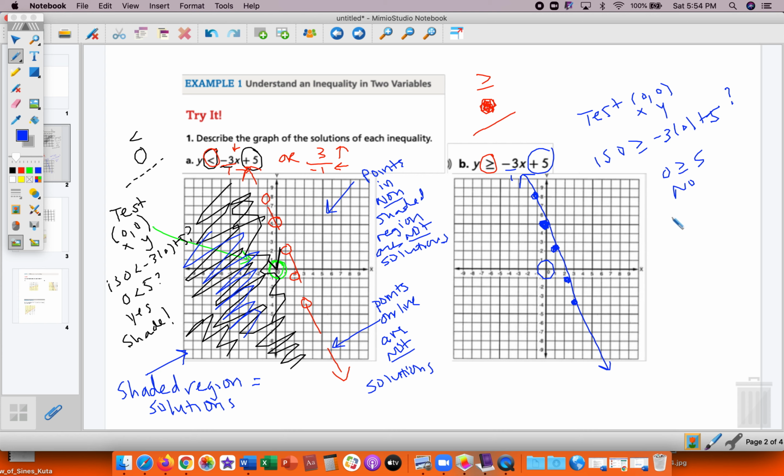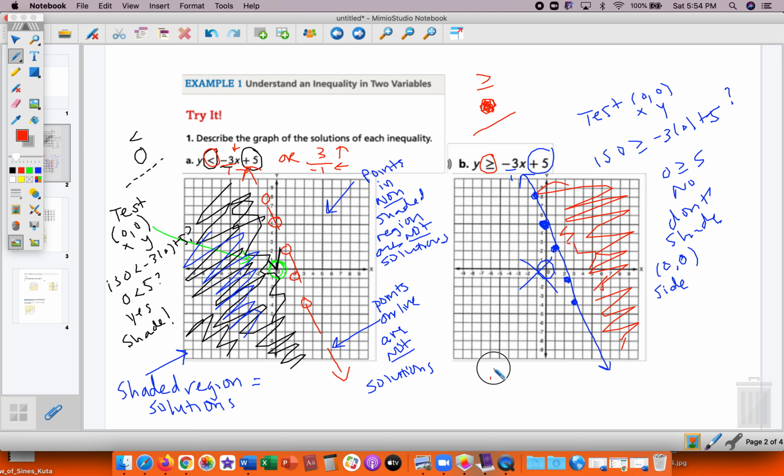No. So don't shade the 0, 0 side. So we can put an X. We're not shading that side. We're going to shade the other side.